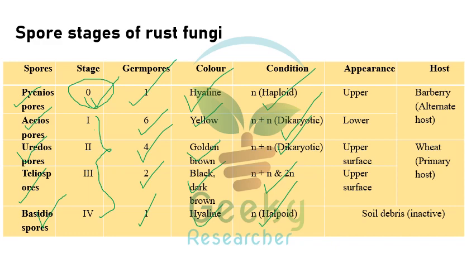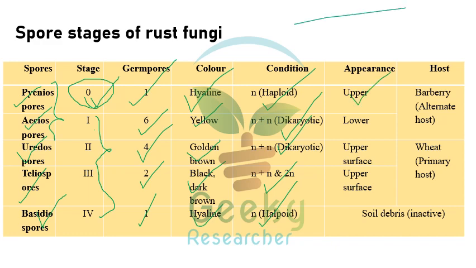Pycniospores and aeciospores occur on the alternate host, barberry. Barberry is the alternate host for wheat stem rust, right? So pycniospores and aeciospores develop only on the secondary host, the alternate host barberry. These spores cannot germinate on the main host, wheat. Pycniospores are produced on the upper surface.